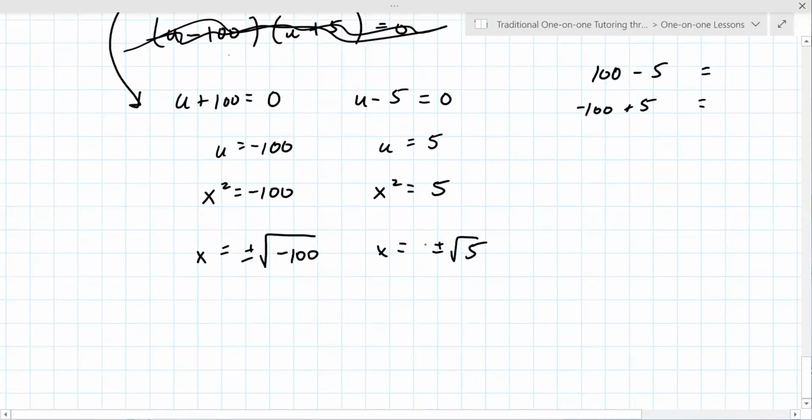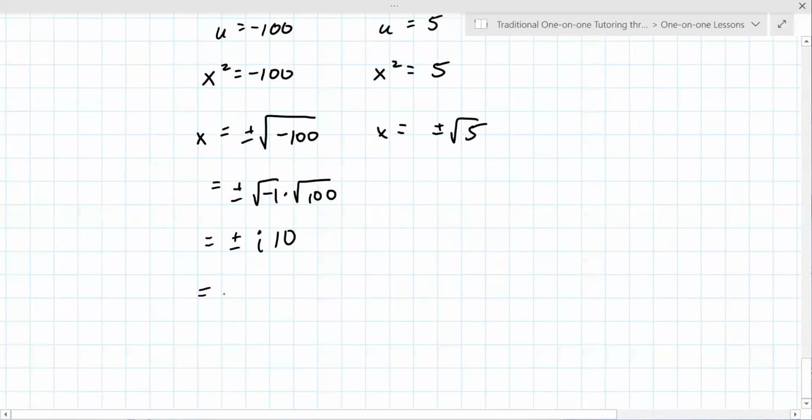The one on the right is done. There's nothing else that can be done here, but on the left, it's the square root of -1 times the square root of 100. 100 is friendly. We know that one. This is i. So you might see plus or minus 10i, something like that. As well as these ones on the right here.